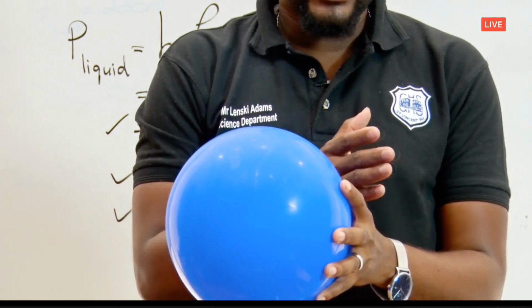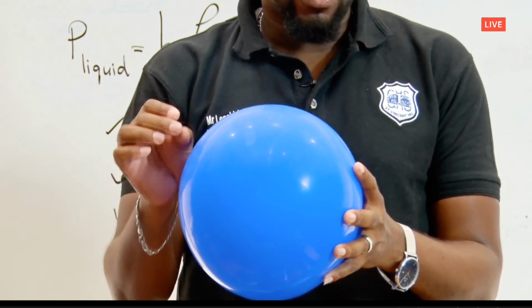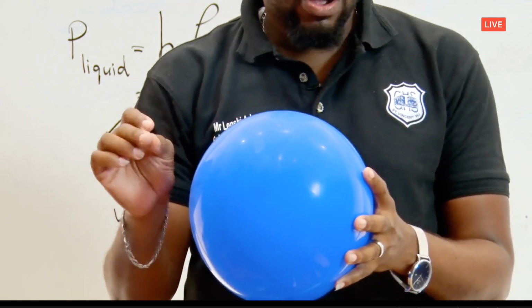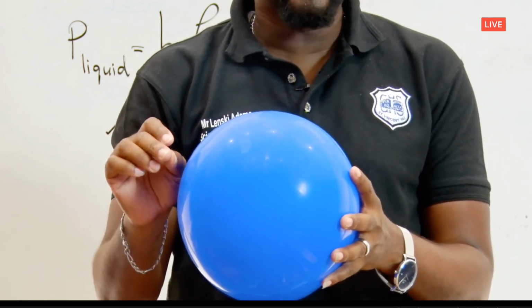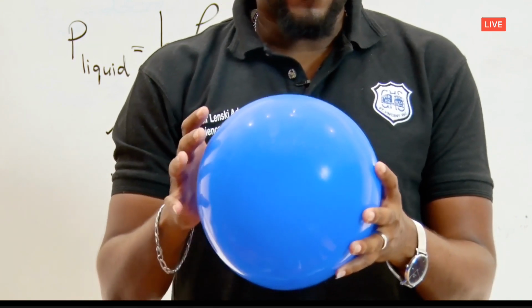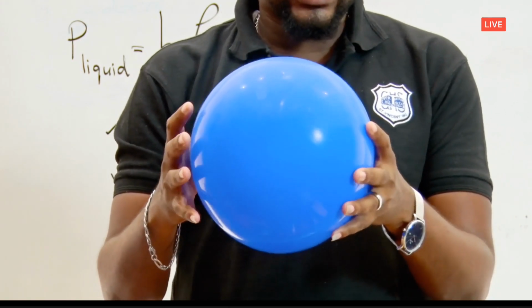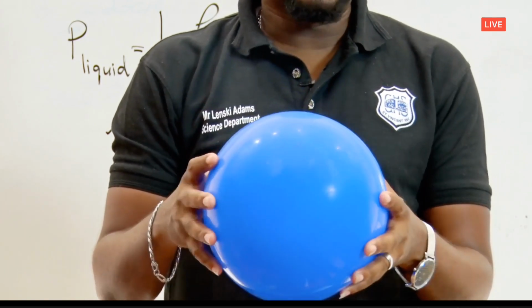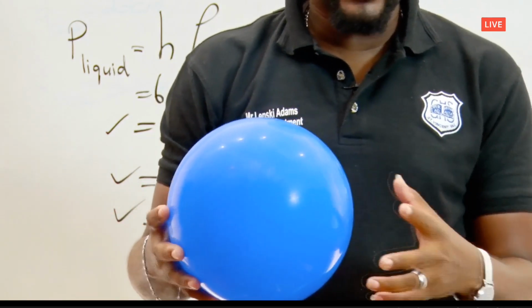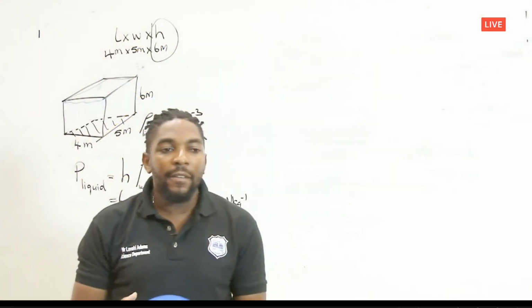As these small particles travel at various speeds, they collide with the walls of their container. As they collide with the walls, they apply a force onto the wall. And that force, over the small area of contact, actually produces a pressure, right? So therefore, you have a pressure being exerted within this container.